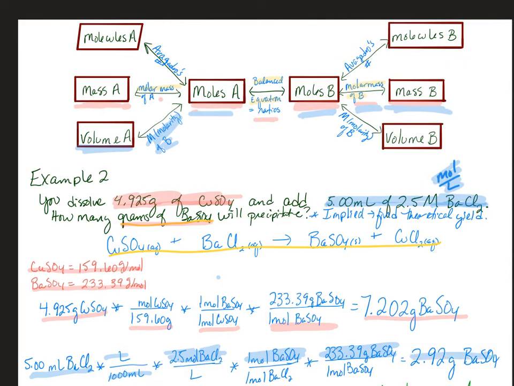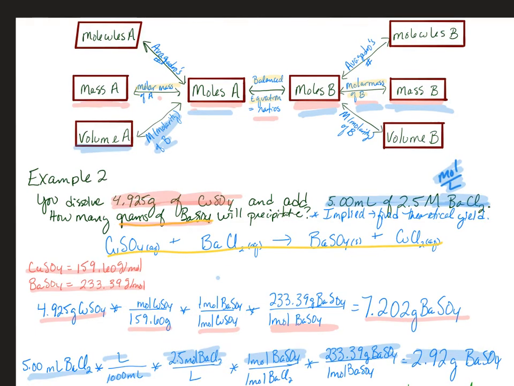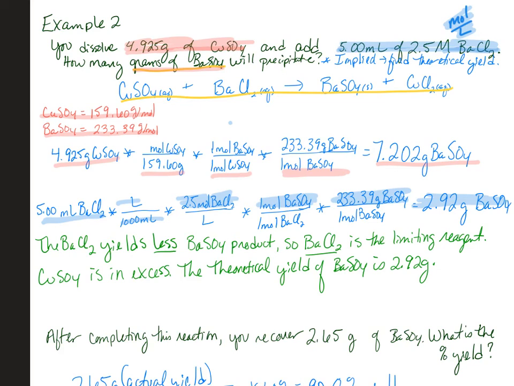And that tells me how much total BaSO4 I can make. Okay, so let me scroll this up if I can here. And what we find in the end is that this 2.92 is a lower amount. So this becomes our theoretical yield, 2.92 grams, and BaCl2 is our limiting reagent. Since we would make more BaSO4 with CuSO4, that means that it is in excess.